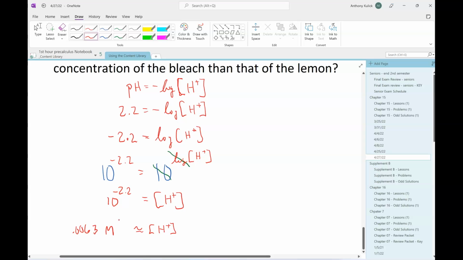Chemists, is that right? Molarity is moles per liter. That's the unit. Does that sound right? Sounds familiar. I think that's right.